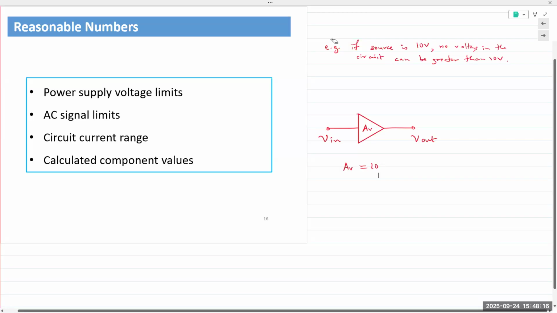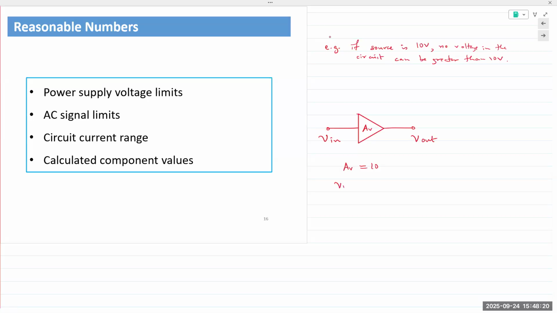So the gain of the system is 10. Now, just based on these facts, let's write out V out. If V in is 1 volt, what is V out? If it's 10 volts, 100 volts, 1000 volts, right?